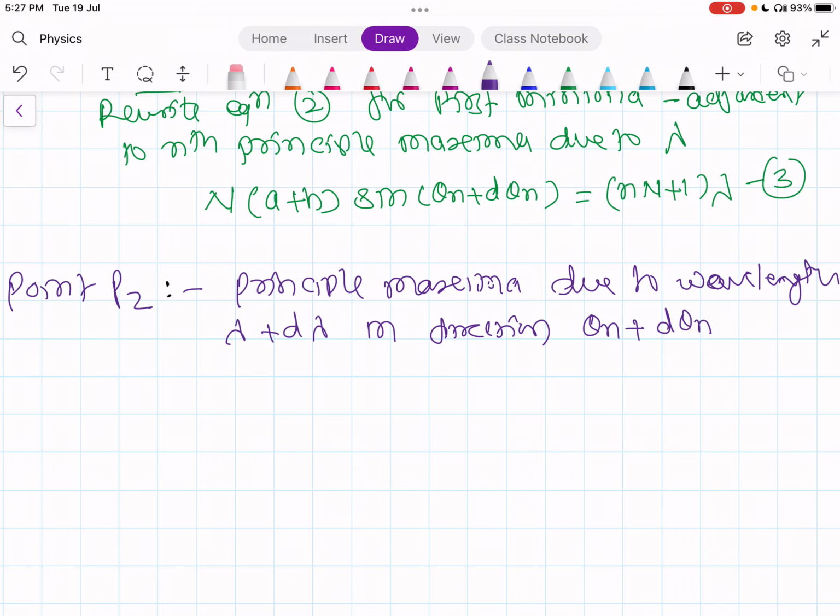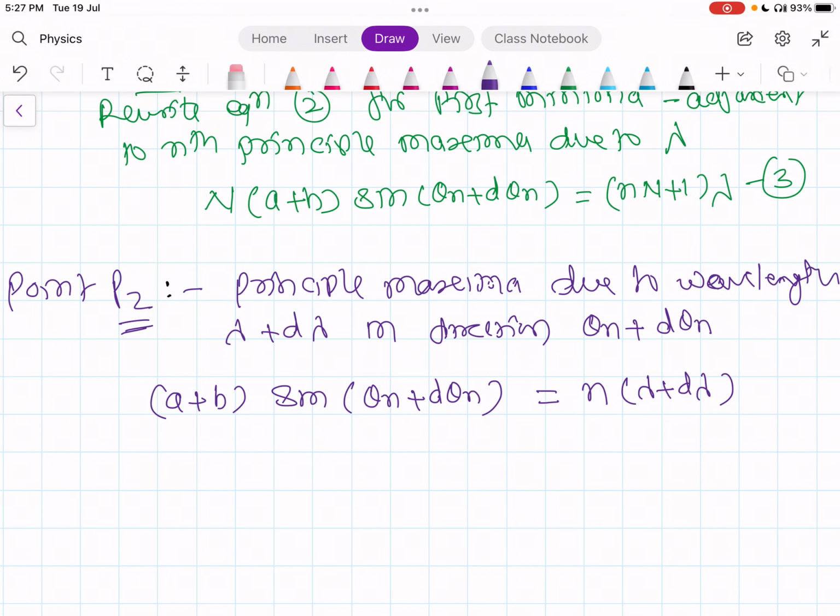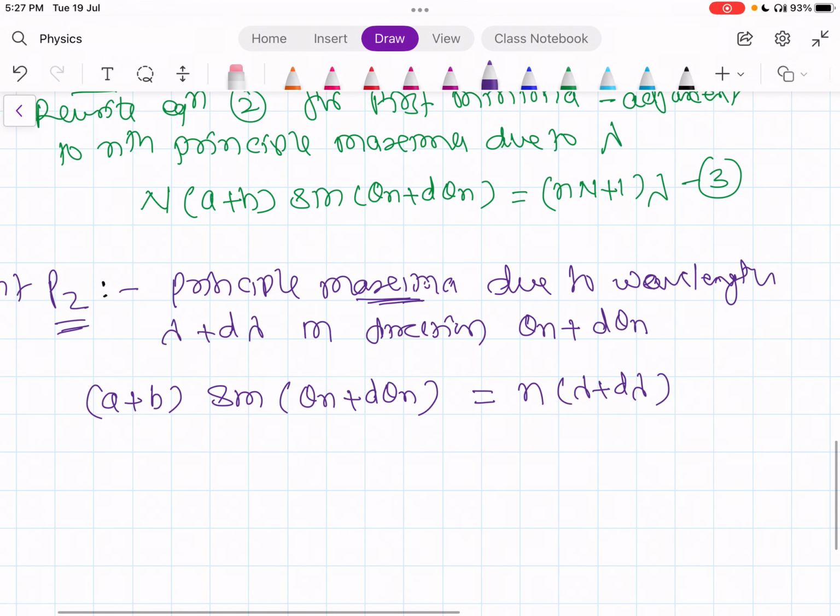Then the equation for the nth principal maximum due to wavelength lambda plus d lambda is (a plus b) sine of (theta n plus d theta n) equals n lambda, but now lambda is lambda plus d lambda, because at point P2 we are getting the principal maxima due to wavelength lambda plus d lambda. Let us say this is equation 4.